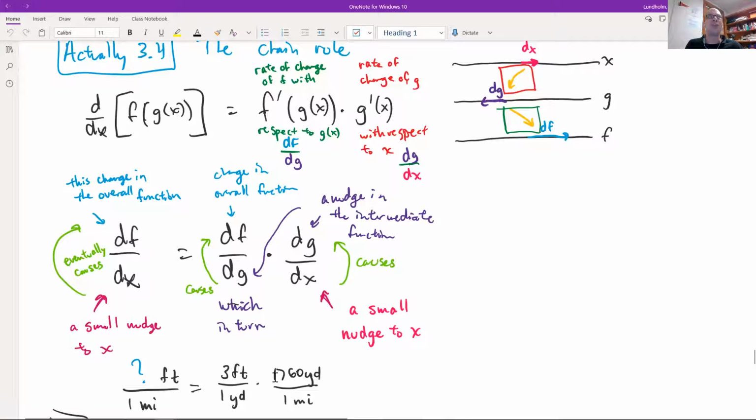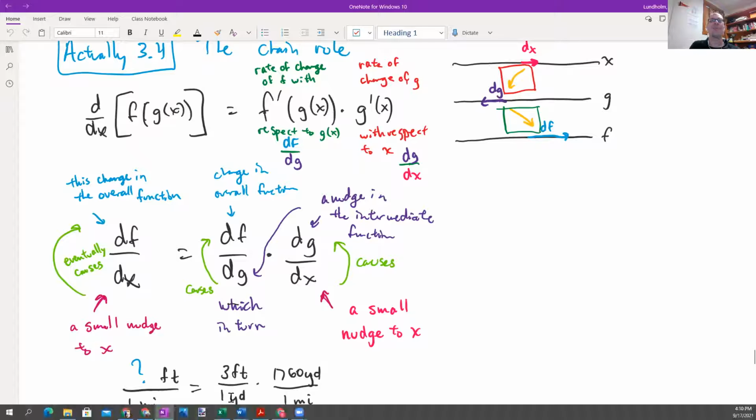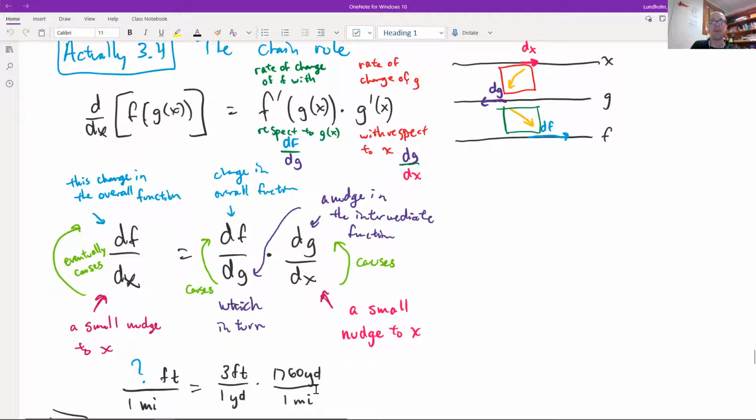Well, if you know how many yards are in a mile and how many feet are in a yard, you can multiply those rates together. They're conversion factors, but you can think of them in a similar kind of way. When you multiply those together, just like the DGs match up here, the yards would match up here, and those would cancel, and you'd be left with the units of feet per mile. So yeah, I thought that was maybe a little bit more concrete.